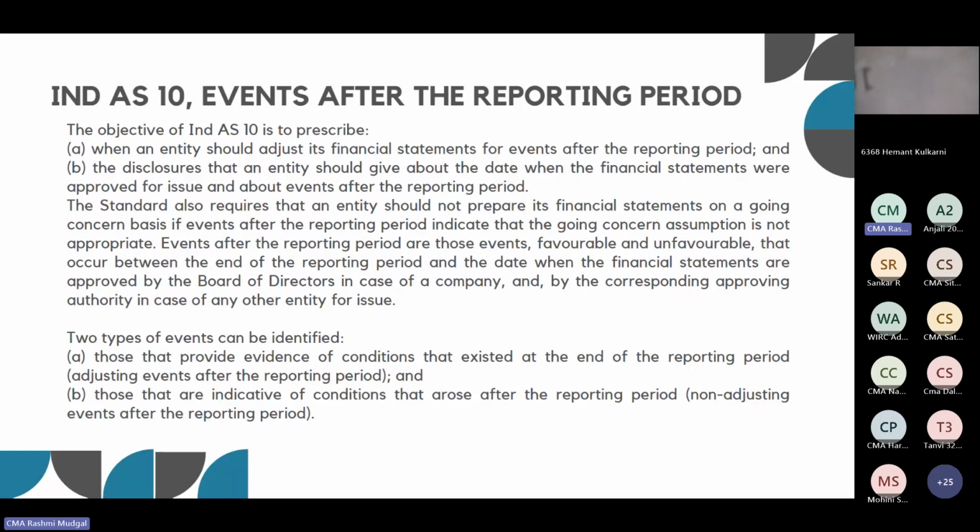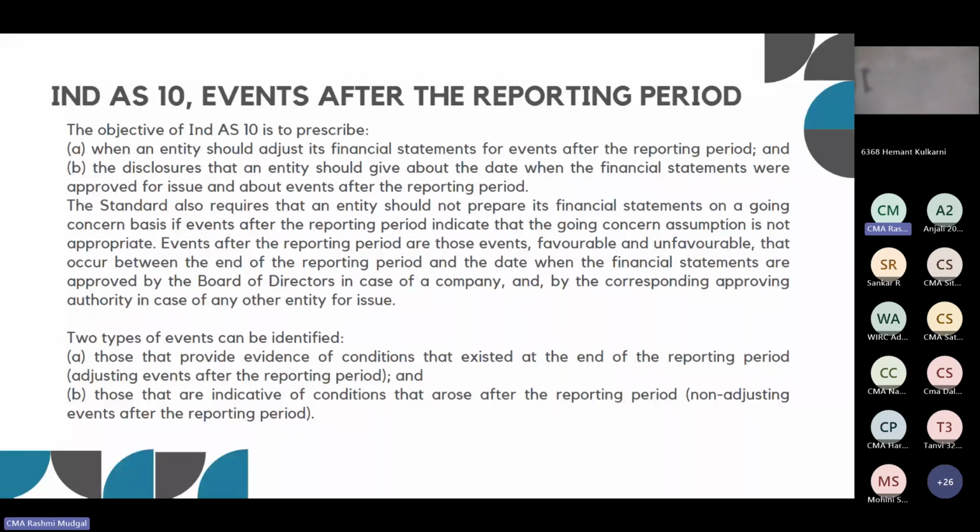Two types of events can be identified: those that provide evidence of conditions that existed at the end of the reporting period, that is an adjusting event after the reporting period, so we can adjust it. But those that indicate a condition that arose after the reporting period, that is a non-adjusting event after the reporting period, so we will take it to the next balance sheet or next reporting.